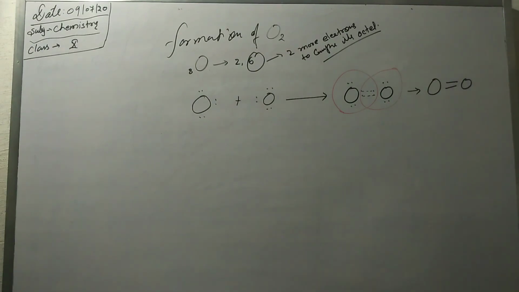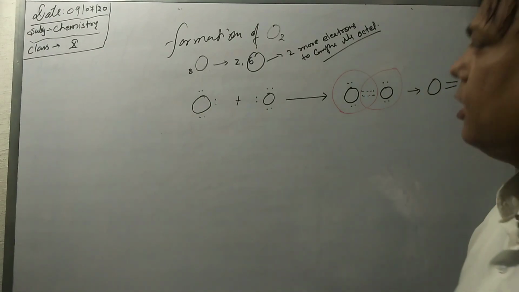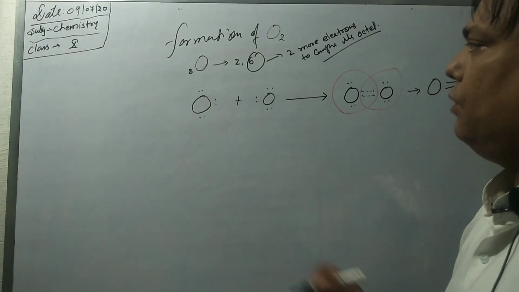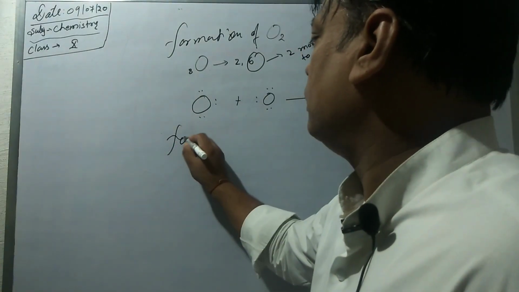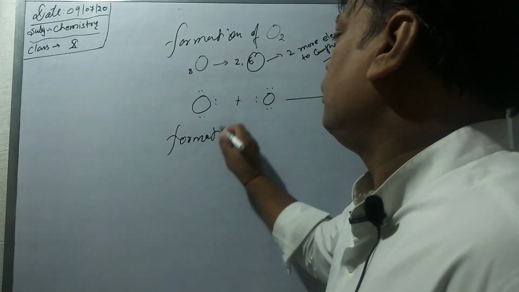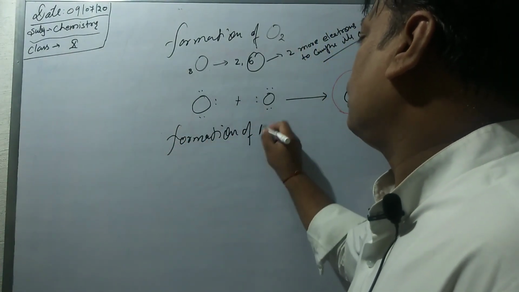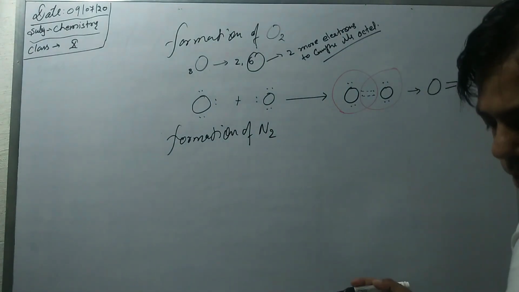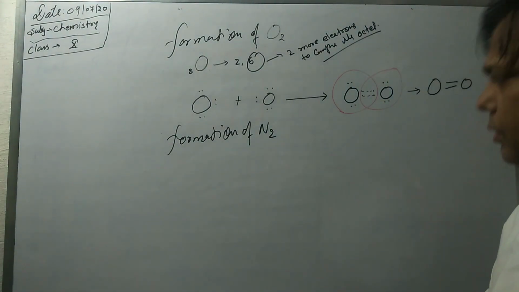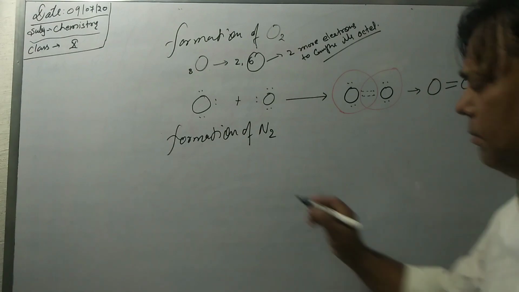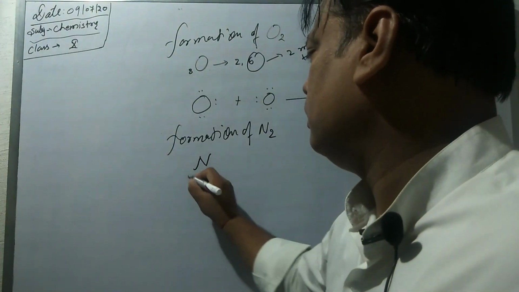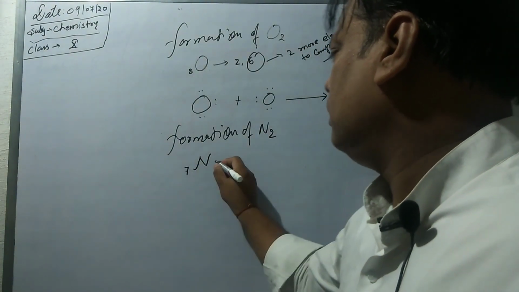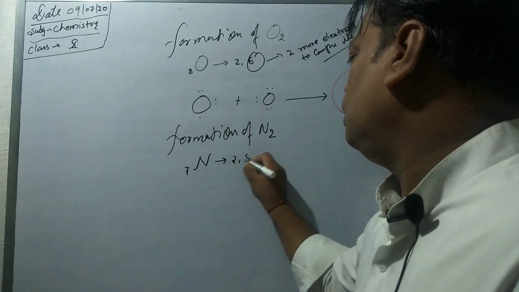Our third example is the triple covalent bond, for example, the formation of the nitrogen molecule. How is a nitrogen molecule formed? The atomic number of nitrogen is 7, and its electronic configuration is 2, 5.